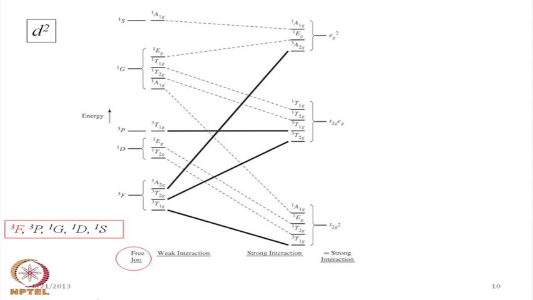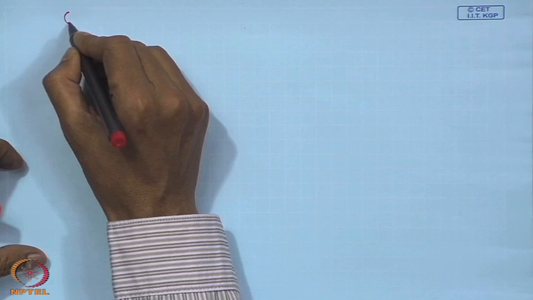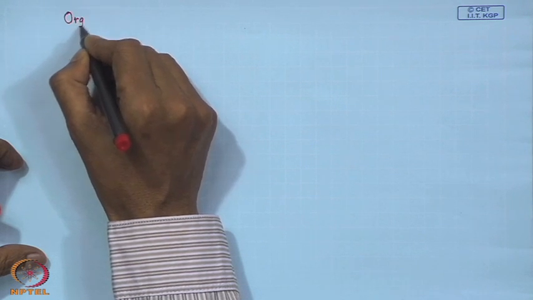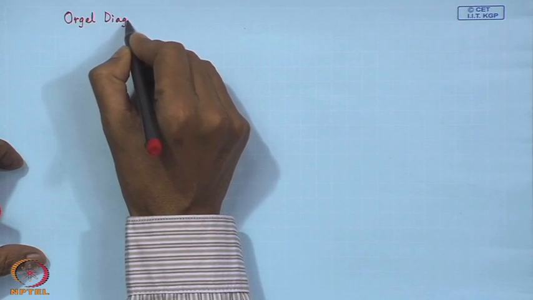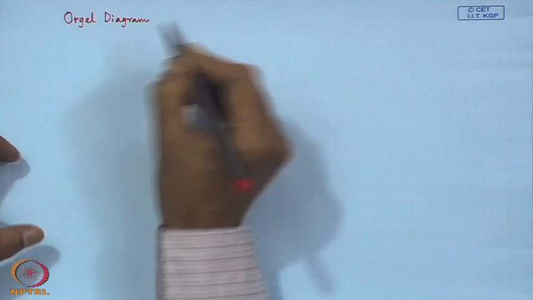Then we can go for the corresponding correlation diagram, because we are slowly approaching from the Orgel diagram to the Tanabe Sugano diagram. So, we were talking in terms of the Orgel one.